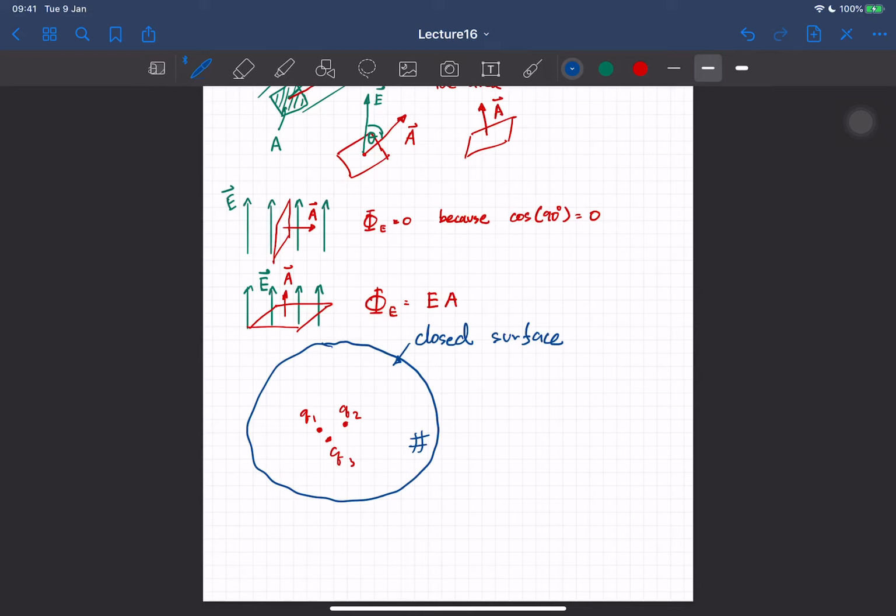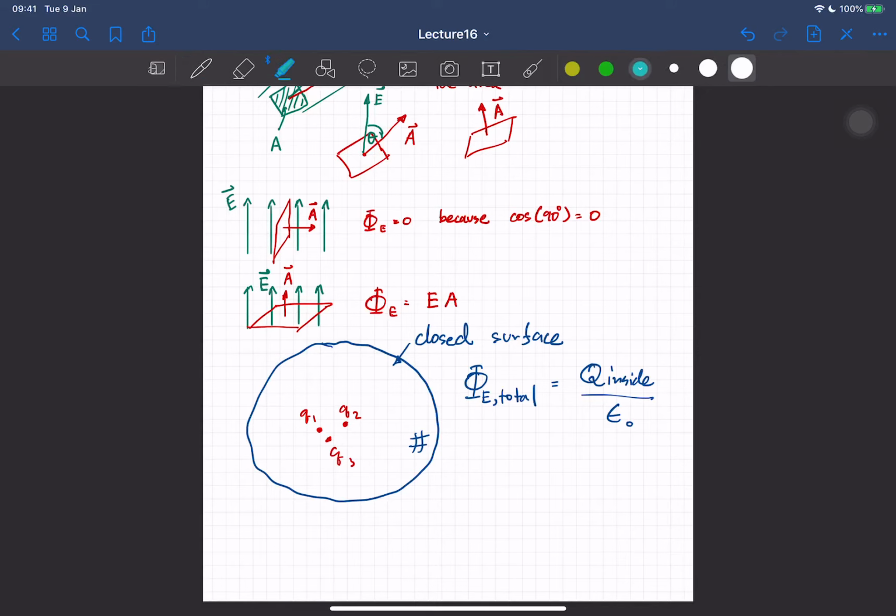So Gauss' law tells us that the total flux, phi of E total, means the flux across the surface of this closed surface. The total flux is equal to the sum of all the charge inside divided by some constant which we call epsilon 0 here.